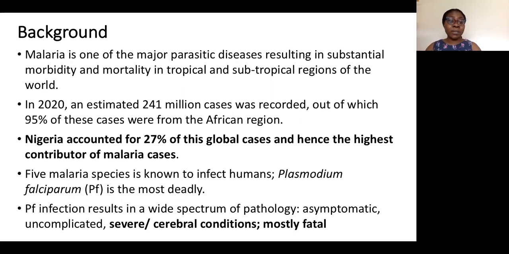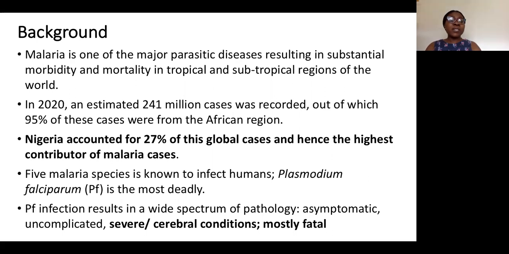The parasite is called Plasmodium. We have several species that cause malaria, but the most deadly of them is Plasmodium falciparum, and this is the one that is widely distributed in Africa.